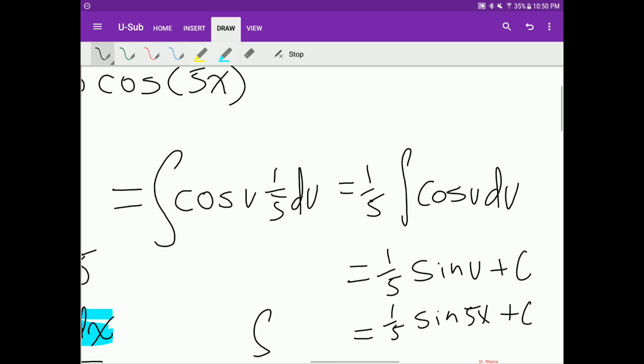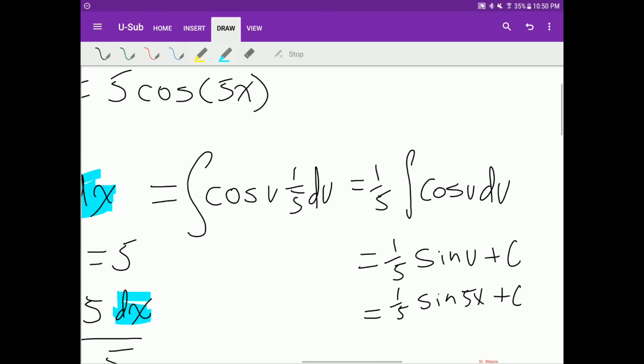So now I know the integral of cosine 5x dx is 1/5 sine 5x plus c.